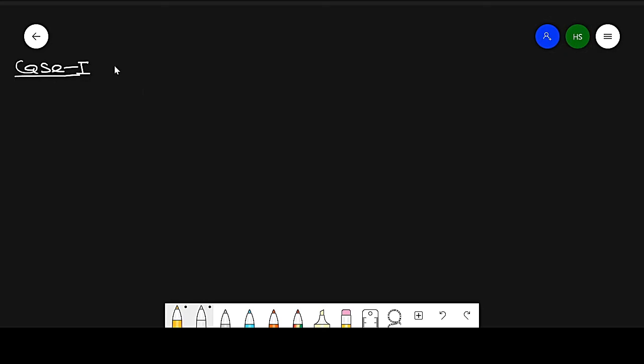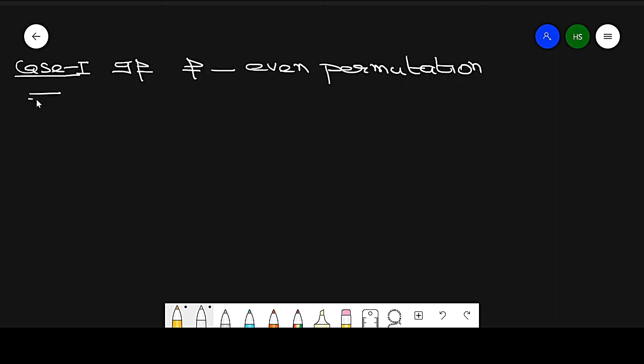Suppose f is an even permutation. If f is an even permutation, then it means f goes to An. So it proves that, taking f from Sn, f goes to An.